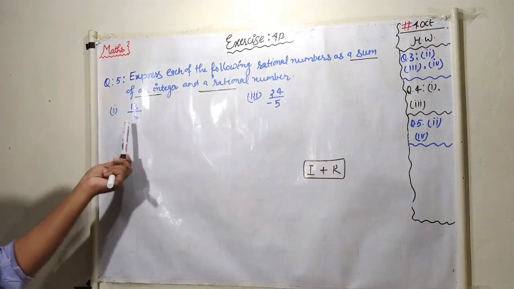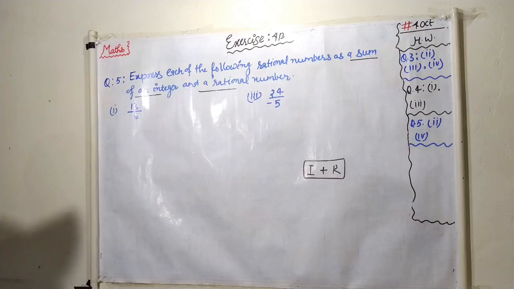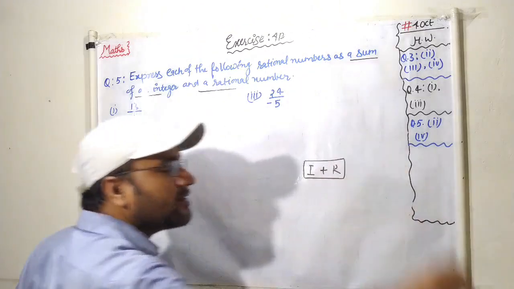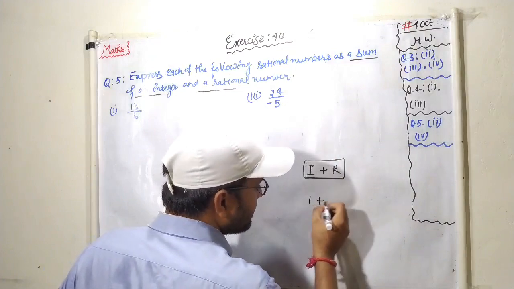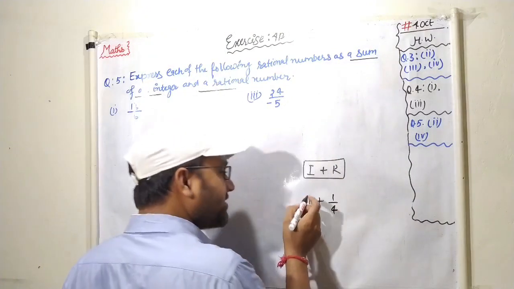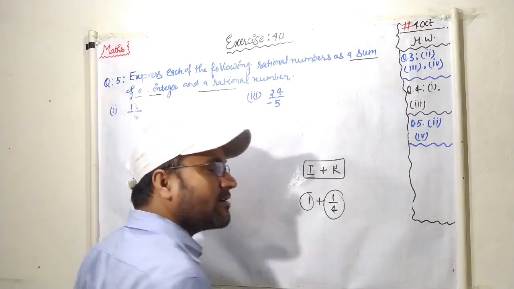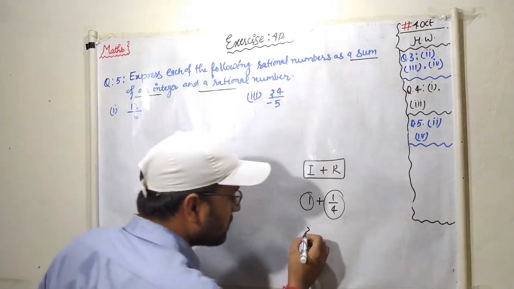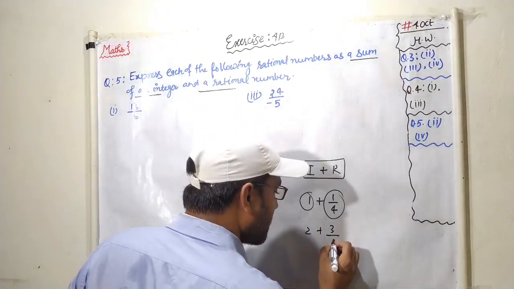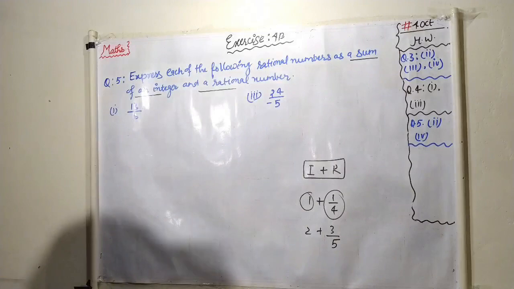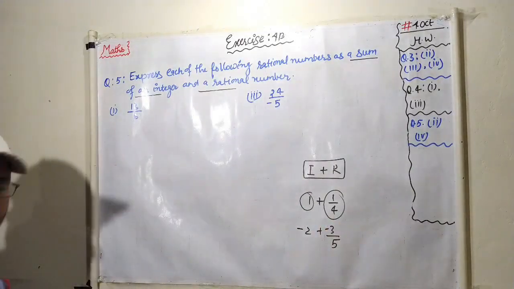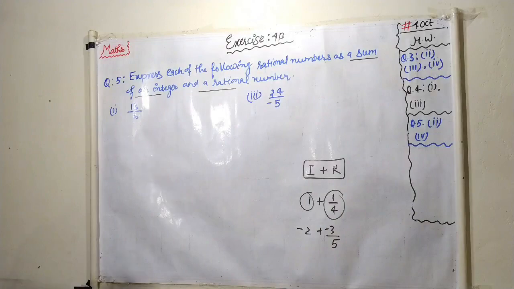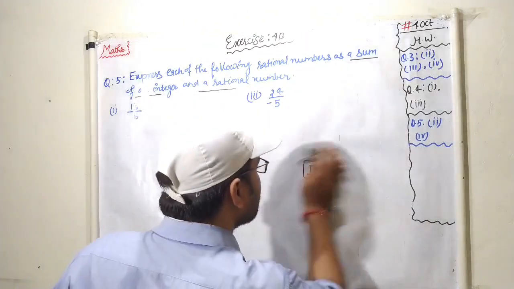You will write this rational number as a sum of integer and a rational number, like 1 plus 1 upon 4. 1 is an integer and 1 upon 4 is a rational number. 2 plus 3 upon 4 are 5. Okay, so same as our minus 2 plus minus 3 upon 5. So we are going to see this one, how to do this question number 5th.